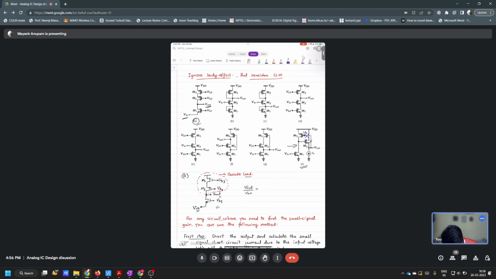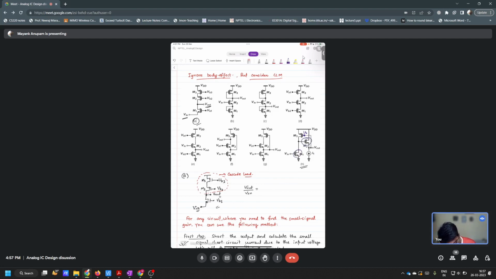The first stage is common source, and this second stage is common drain, right? Now what we have done is we have simply connected it in feedback.